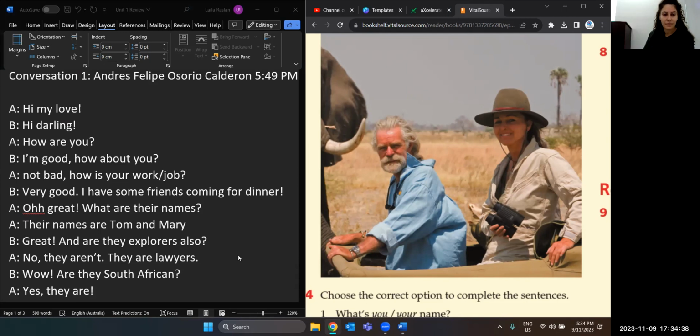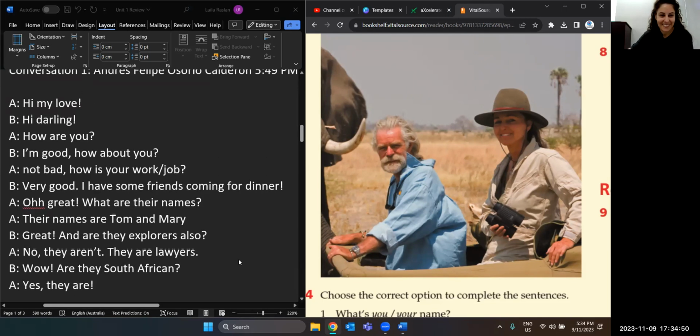And are they explorer person? Lawyers. Wow. Wow. Are they South African?